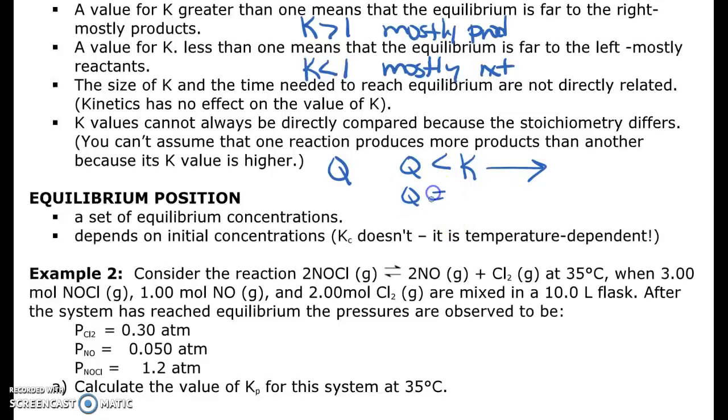If the two are equal to each other, the system is in a wonderful, lovely equilibrium. And if your reaction quotient is greater than K, then the reaction will shift to the left because you need more reactants in order to reestablish the equilibrium.